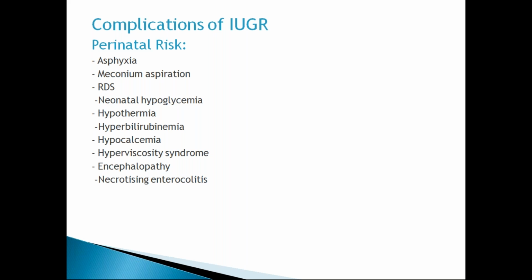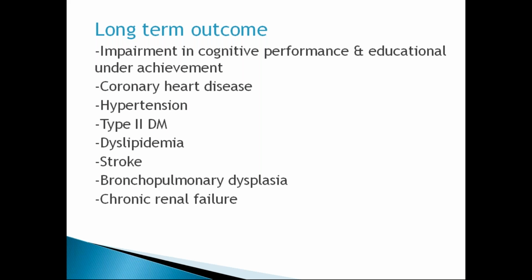Then the long term outcome. Studies have shown decreased IQ and delayed development. They cannot attain the normal growth pattern of a normal baby, so there is a lack of growth.